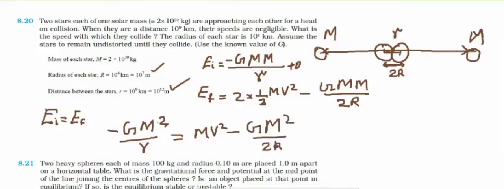One m will be cancelled throughout. Then afterwards you are asked to calculate with what velocity they collide. Simplify this equation and find the value of v. All quantities are given there. Find the value of v, the velocity with which they collide.